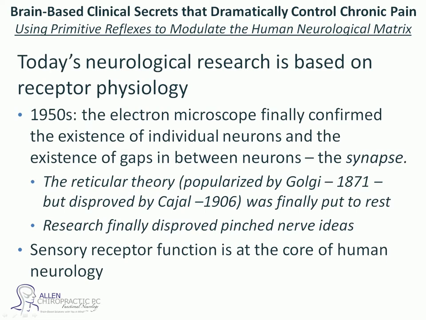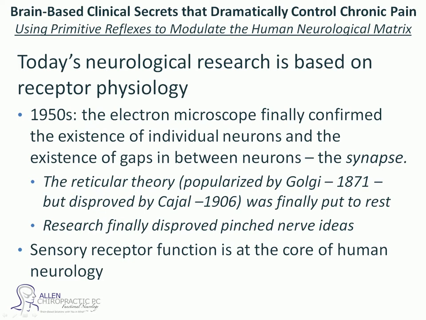Well, with the invention of the electron microscope in the 1950s, we now know that neurology is based on receptor potentiation, receptor physiology, and not the reticular theory that Golgi and Cajal wrestled with in the late 1800s and the early 1900s. Both doctors won Nobel Prizes for their work, but the electron microscope finally put the whole idea of the reticular theory to rest, and that ultimately put to rest the idea of pinched nerves as well.